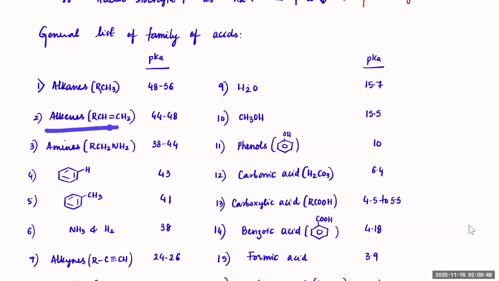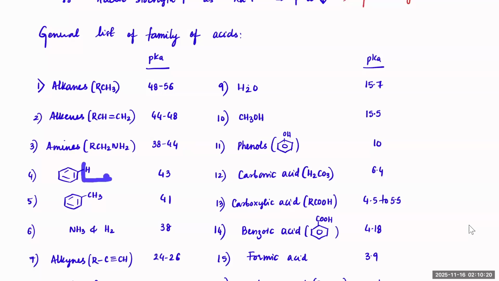Next comes alkenes. The general pKa value for alkenes ranges from 44 to 48, which also suggests that they are very weak acids, but relatively better than alkanes. Then we have amines. Amines are between 38 to 44. So we can say that is also relatively weak acids, but amines are still slightly better than alkanes and alkenes.